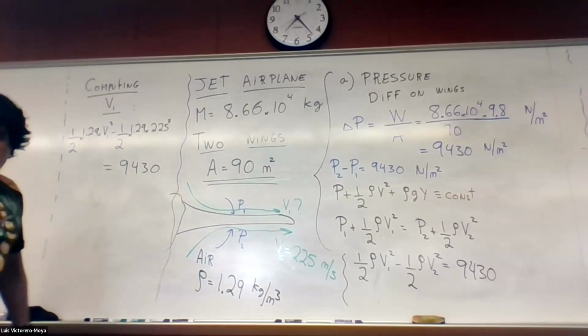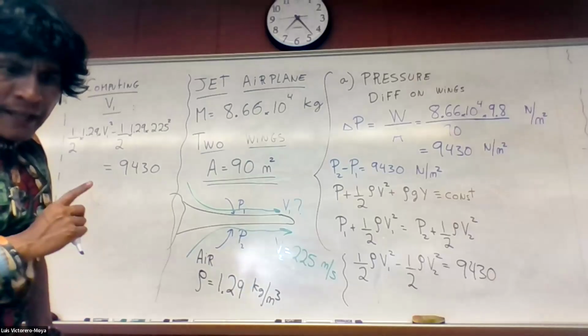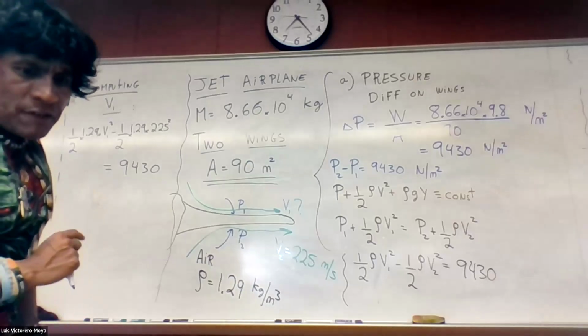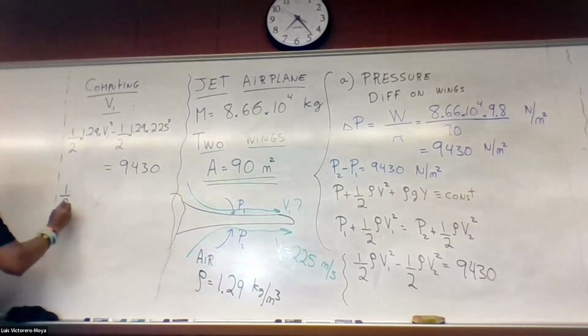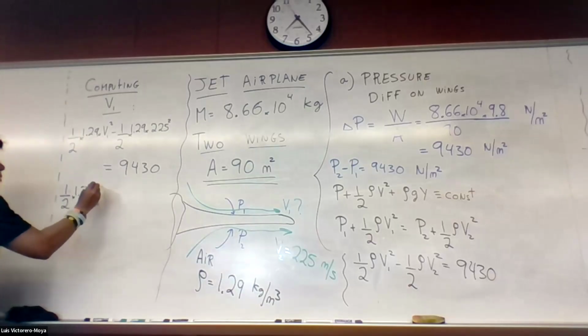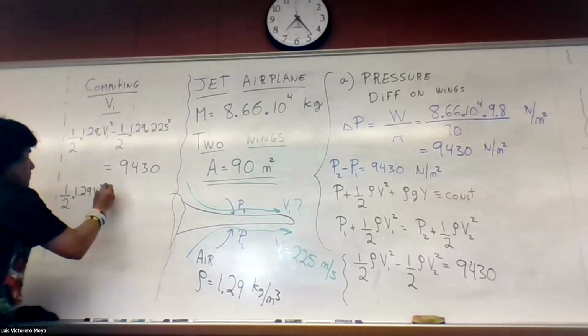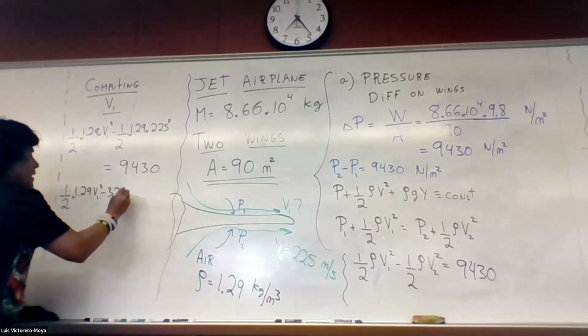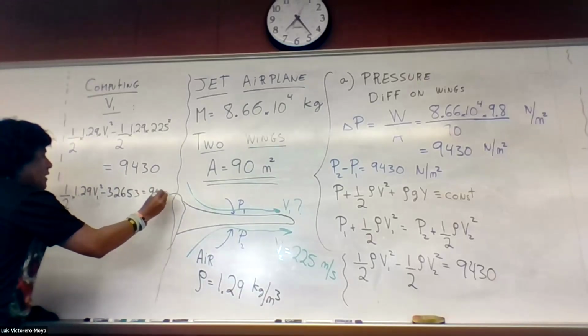This number, if I compute that number, I get 32,653. So 1/2 1.29 V1 squared minus 32,653 equals 9,400.